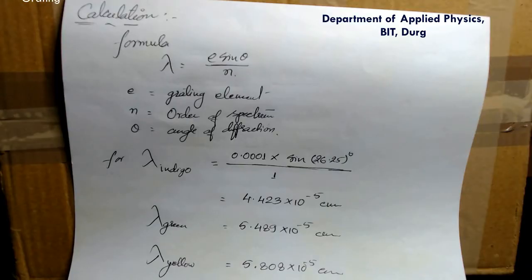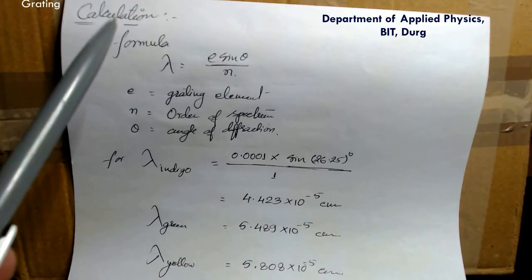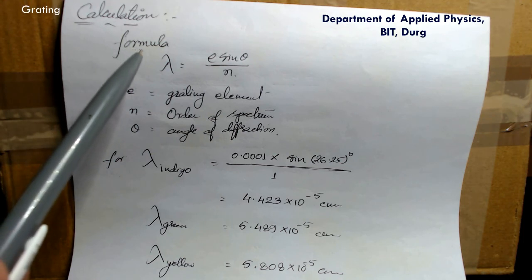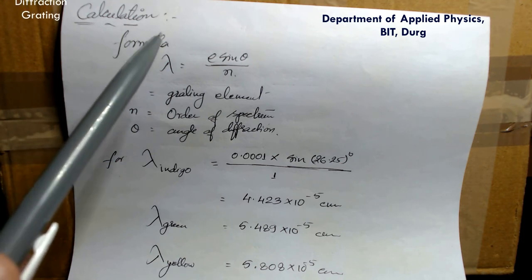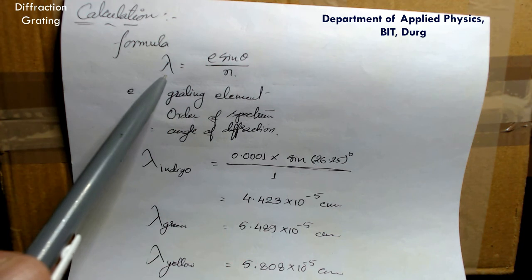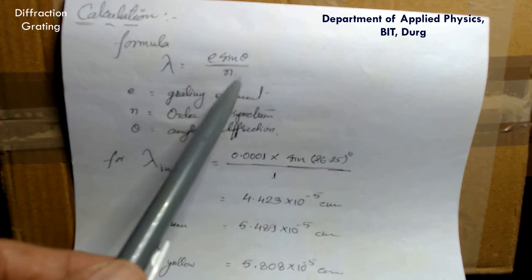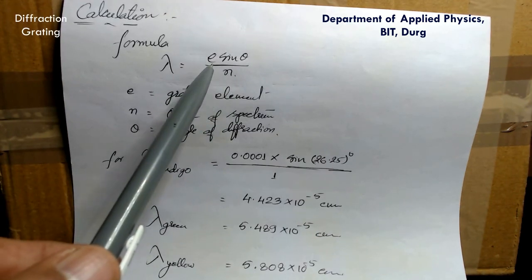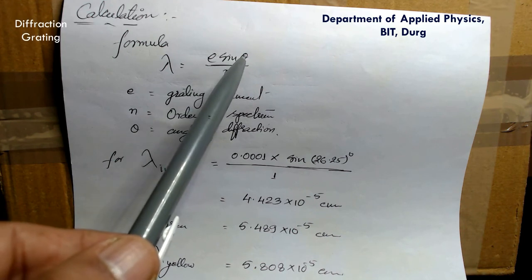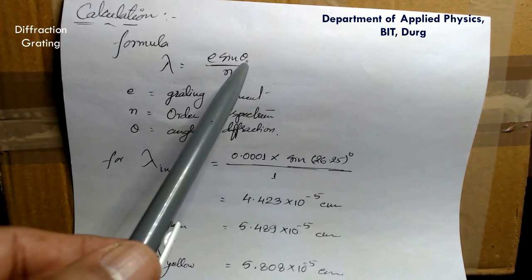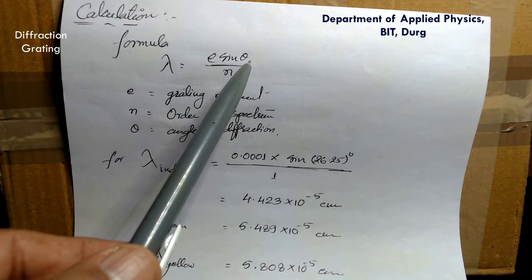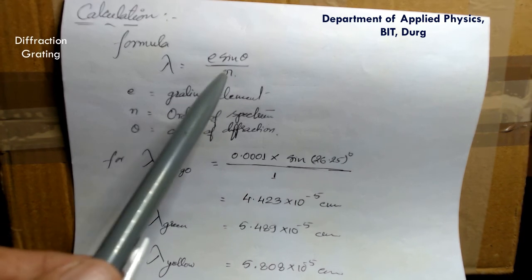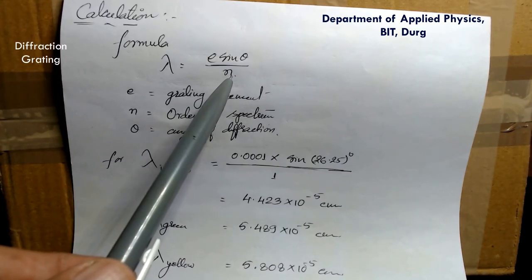Now we come to the part of calculation. The formula for what we wanted to determine is the wavelength lambda is equal to E sin theta divided by n, where E is the value of grating element, theta is the angular separation between central maxima and the maxima for that specific color, n is the order of the spectrum.